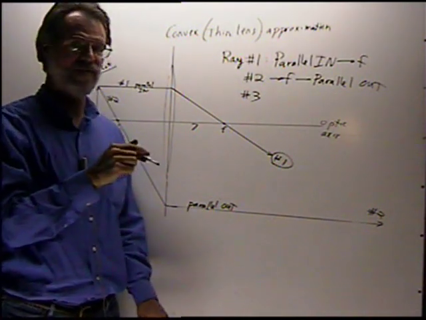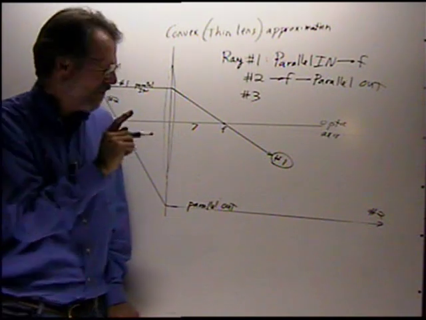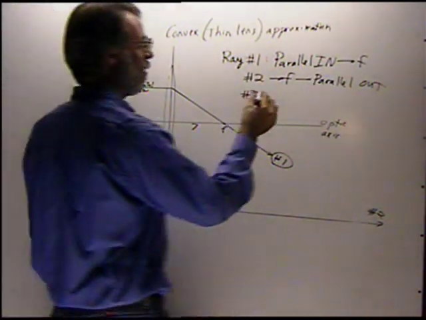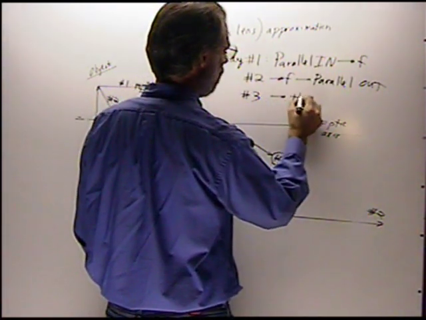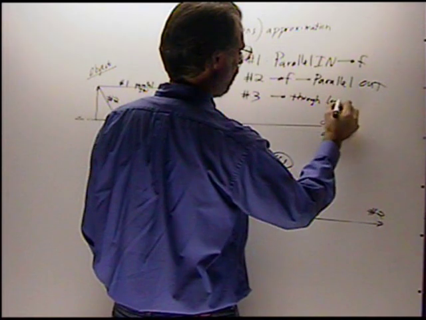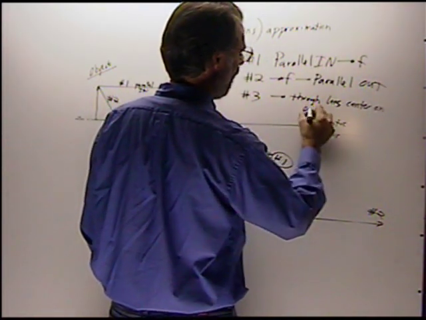Ray number 3, this is where it's a little different. Remember, for a mirror, ray number 3 went right through the radius. Well, for a lens, we do not have a radius. So for the lens, ray number 3 is actually even easier. Ray number 3 simply goes right through the lens center on the optic axis.